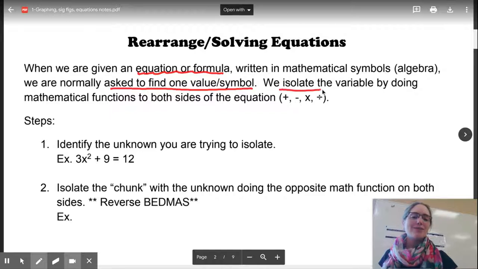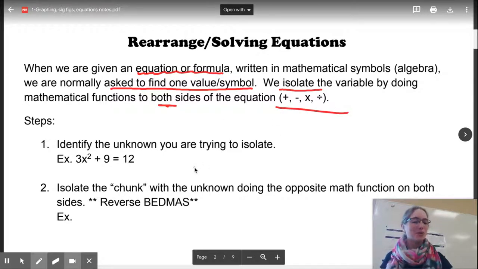So you have to isolate the variable you're trying to find by doing mathematical functions to both sides of the equation using your four operations. This is a very important thing that you're going to be doing all the time in physics.